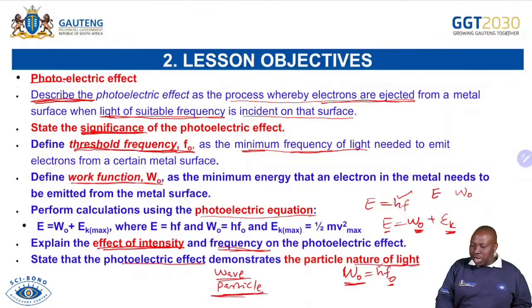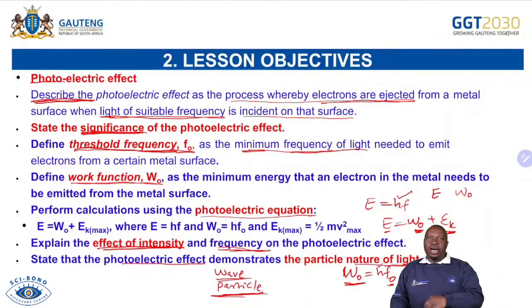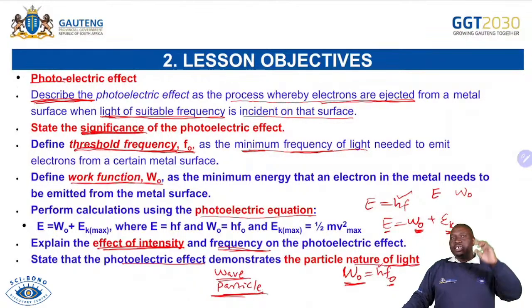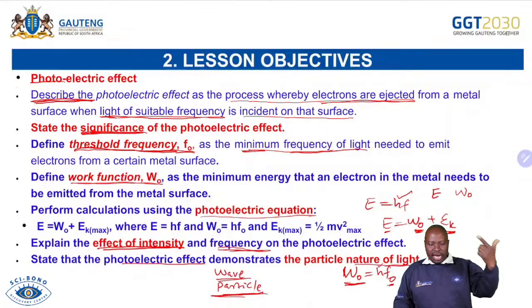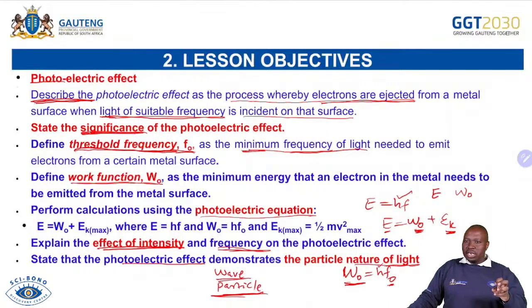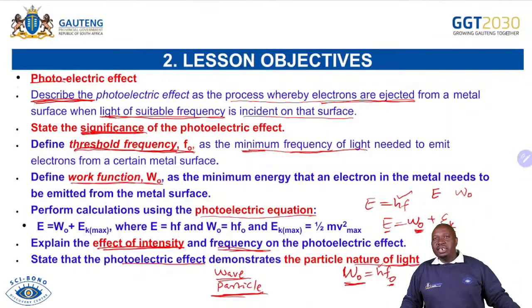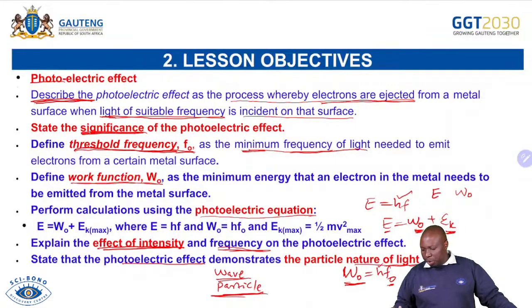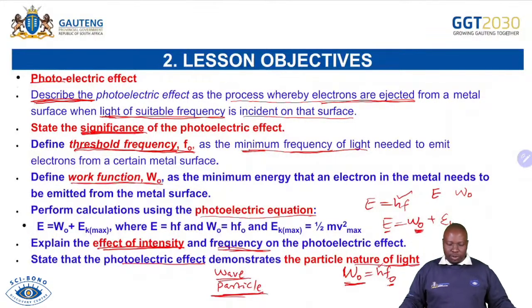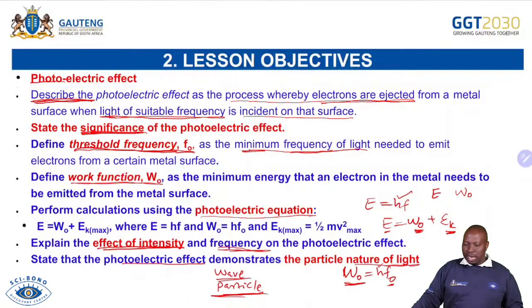So the particle nature of light is what we're going to focus on. I hope you understand. This is what we're supposed to understand by the end of this lesson.